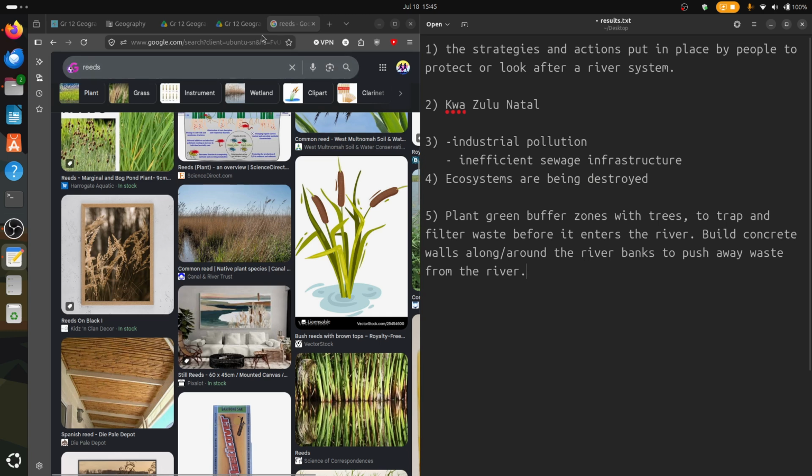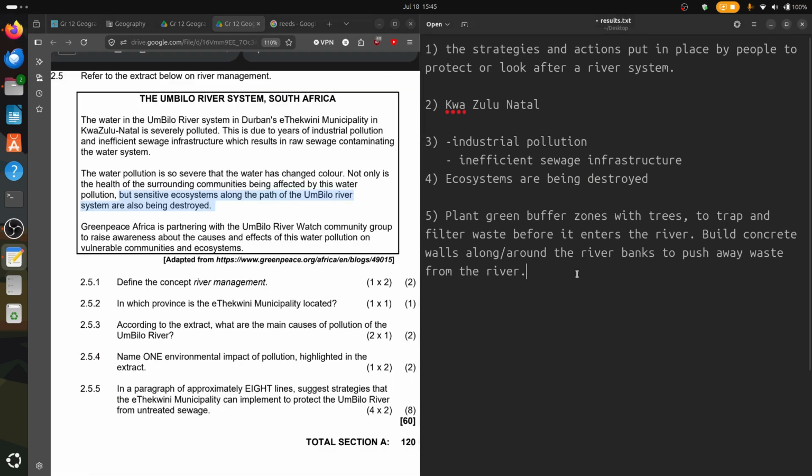So you can plant indigenous non-invasive reeds to filter out waste within the river.